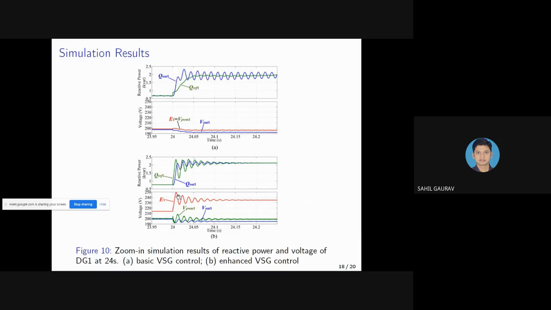Because in the enhanced VSG control, we set E from the stator impedance adjuster, not by the swing equation block. Here we are setting the E value from the swing equation block, but in enhanced VSG control, it is set by the stator impedance adjuster. So we get this type of curve.